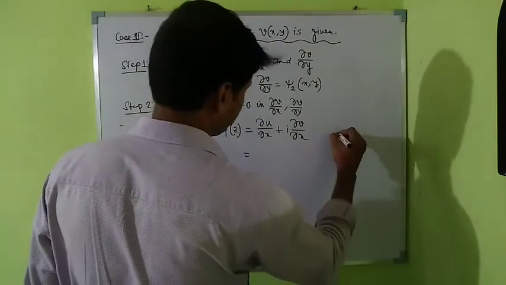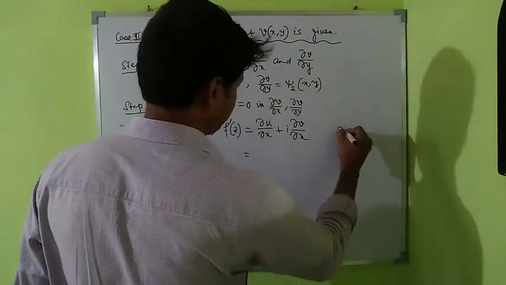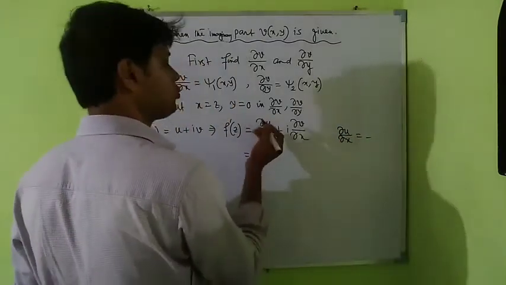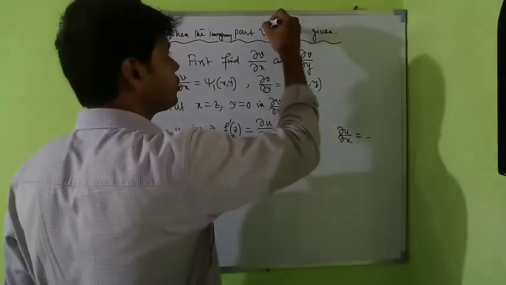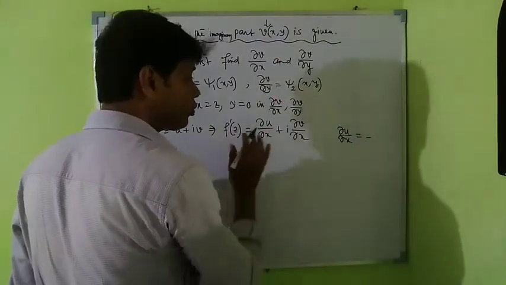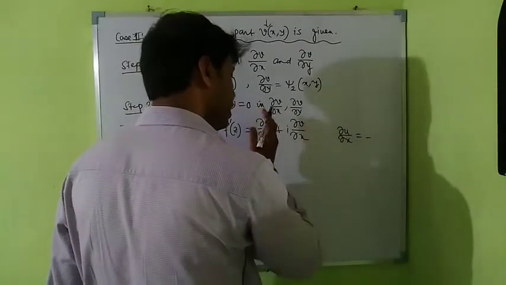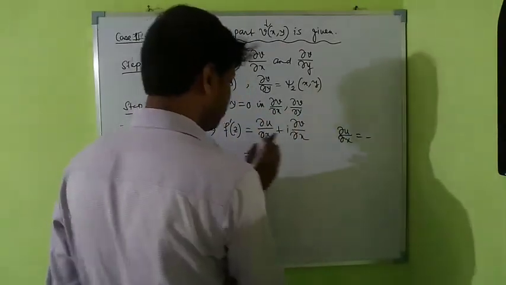By Cauchy-Riemann equation, we have to replace u, because we don't know u, we just know v. So replace u by v. How can I replace u?